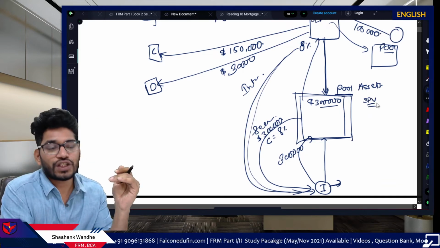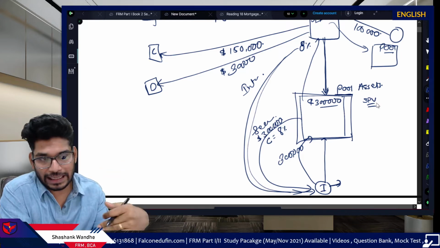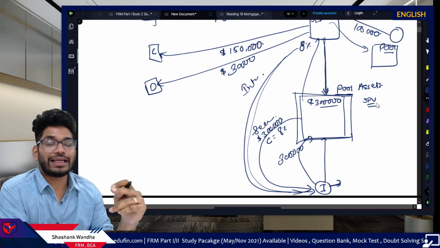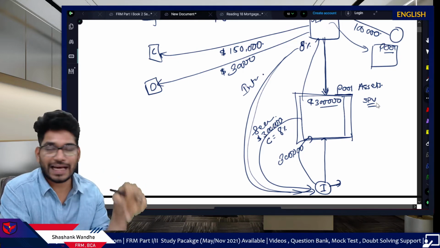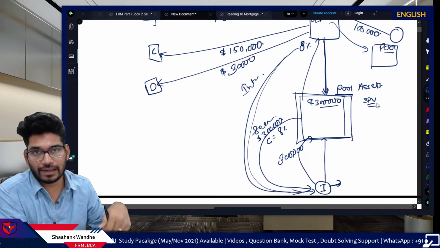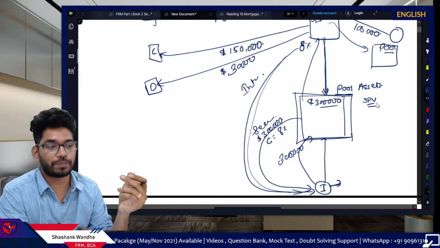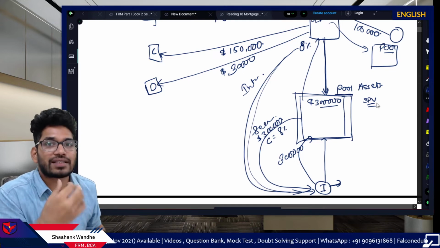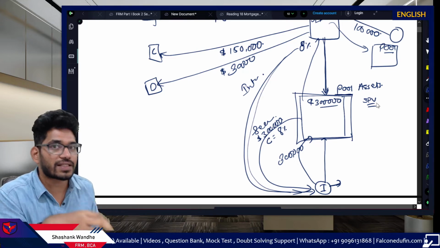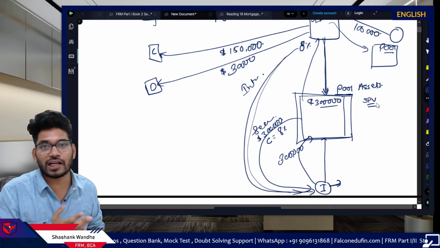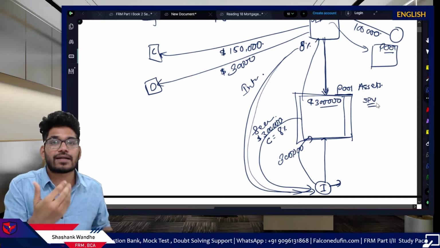Now, this special purpose vehicle is a separate entity. It is not linked with the bank. In case the bank defaults, the SPV is not going to face any problem because it's an independent entity. If the SPV fails, then the bank is not going to face the problem. Okay, so this is the separation structure. If the bank plays some tricks and transfers assets in a very nominal way, not an actual transfer, just a transfer on paper, there is a risk for the bank.